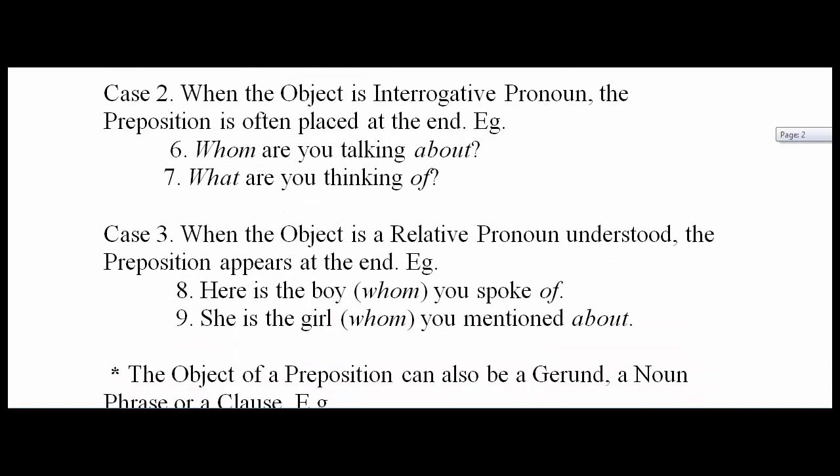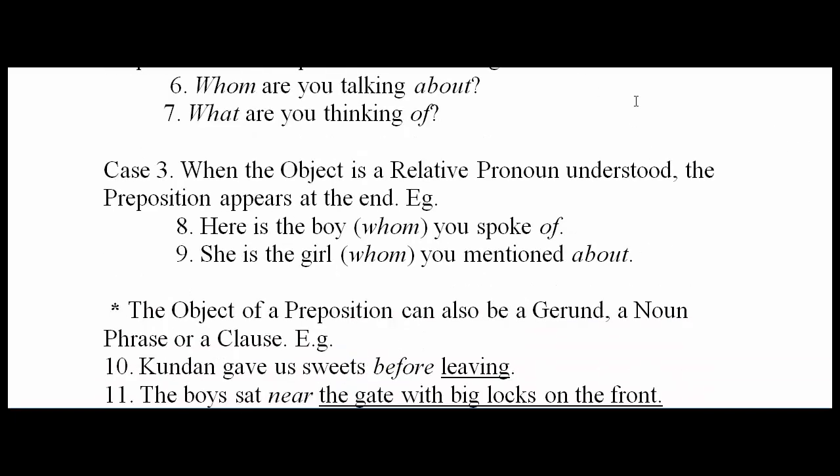We have the third case. It is similar to the first case: when the object is a relative pronoun understood. When the object is a relative pronoun understood, the preposition appears at the end.